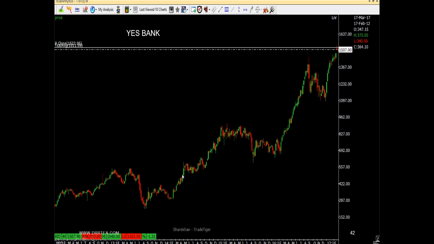Say we have bought Yes Bank at something around 500 and we are still holding it. And whenever you find a correction in this kind of good script, then these are actually the opportunities for you to make your holdings more in that particular script. Like here, we have doubled our holding, at something around 700.